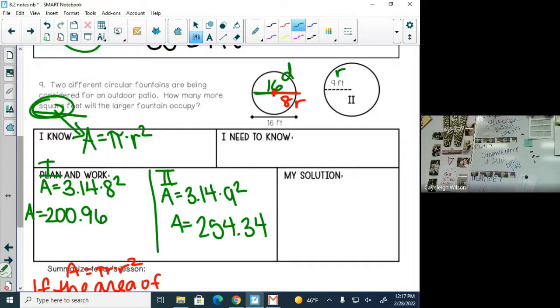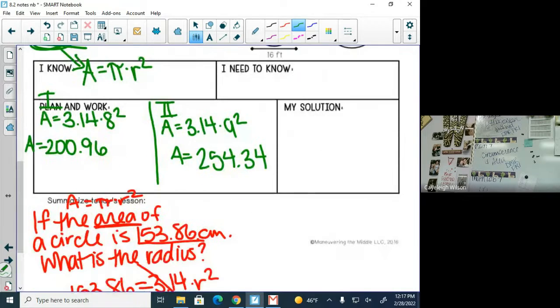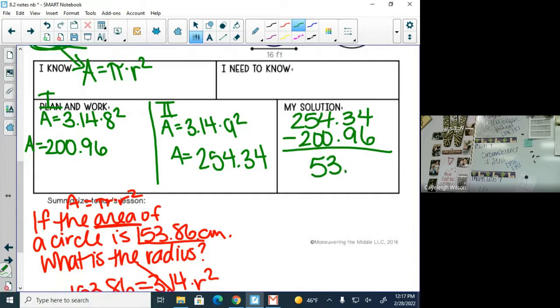Subtract them. Because they're wanting to know how much more area the big one covers than the small one. So I'm going to subtract 254.34 minus the 200.96. And I get 53.38, and that would be square feet. Or feet squared. You can put this out there.